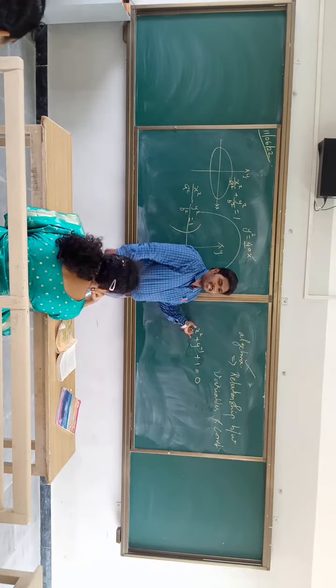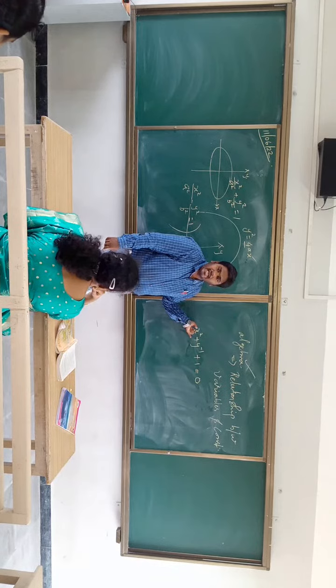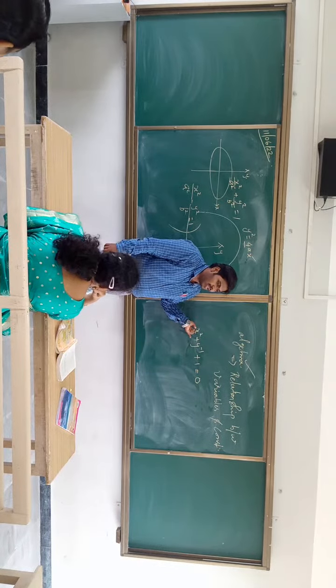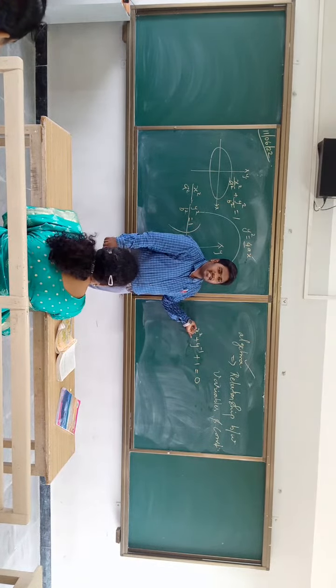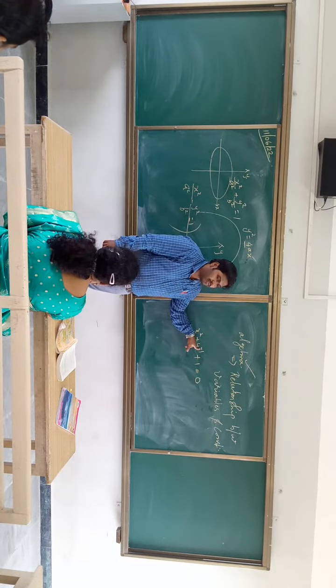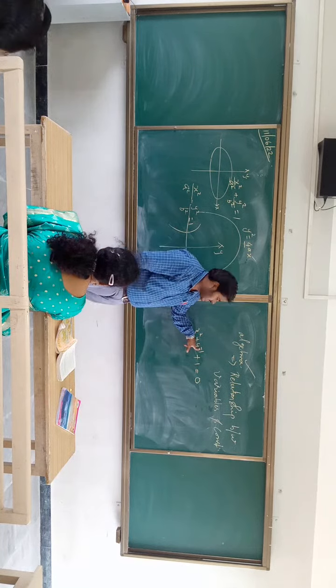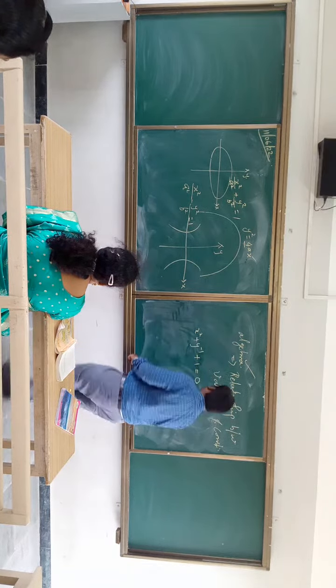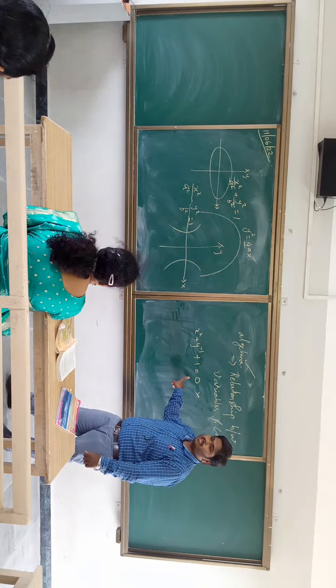I can state this as an algebraic expression, but I cannot state this as a polynomial. Why? Because for a polynomial, the degree should be a whole number, but here the degree is of the inverse term. So we cannot state this as a polynomial. It is simply an algebraic expression.